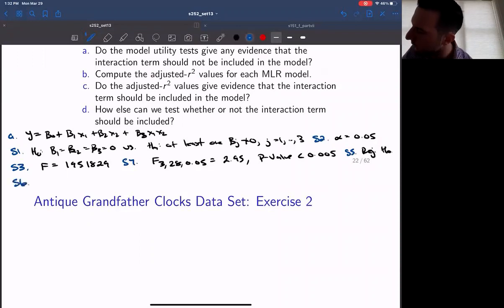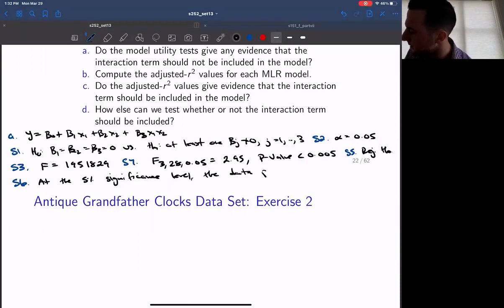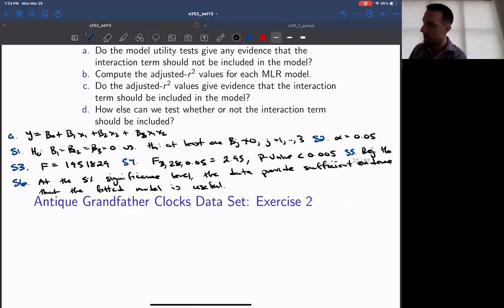And then on step 6, we would say at the 5% significance level, the data provide sufficient evidence that the fitted model is useful, right?